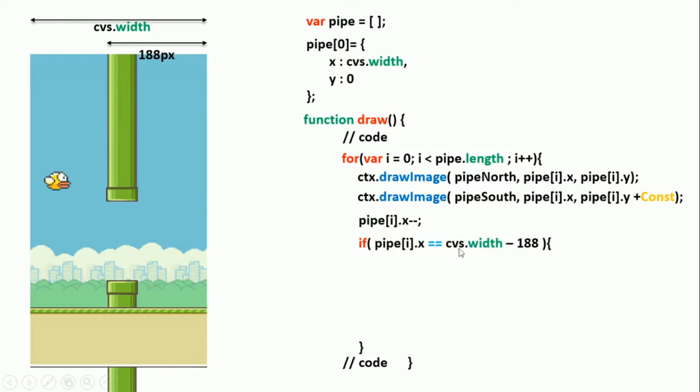So if our pipe x reaches the point that we determined, at the moment canvas width minus 188, then when we reach that, we want to add a new element using pipe.push. So pipe.push will add another set of pipes to our array using an x coordinate at the width of the canvas, so that it starts off the canvas and then moves to the left as the first set of pipes did.